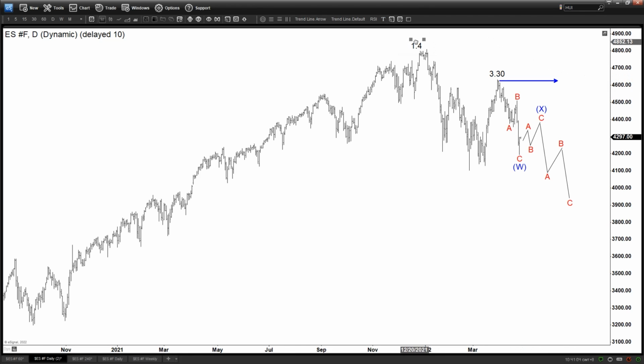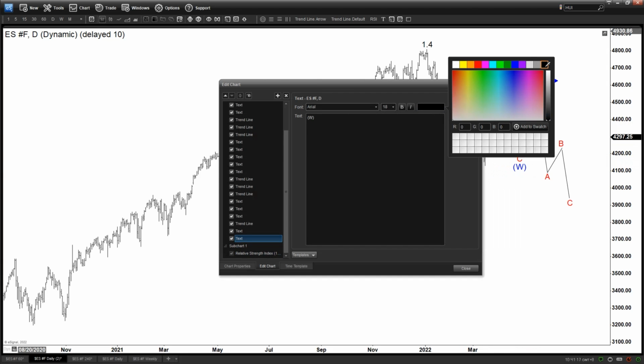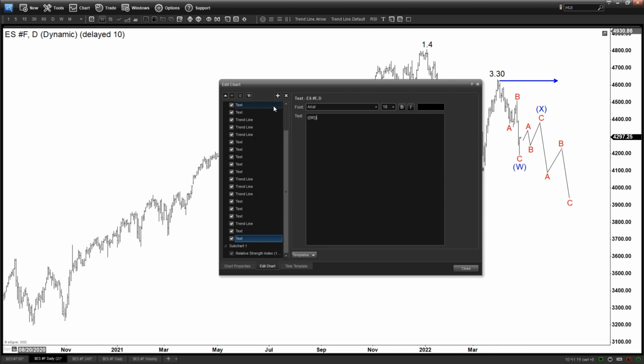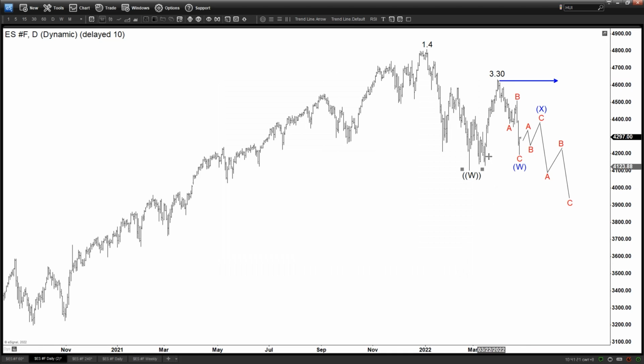So you have January 4, your all-time high, and then you have the secondary high on March 30th here. So let's call it WX in a higher degree time frame, higher degree label. So let's say if this is your minor, this is your intermediate, this is your primary degree, something like this.